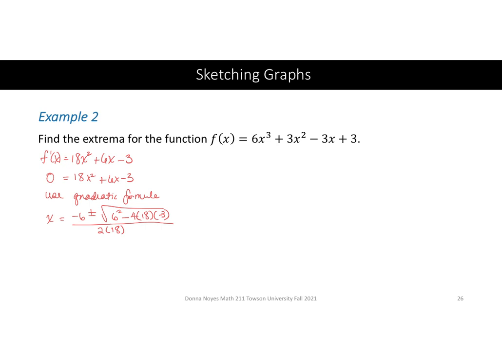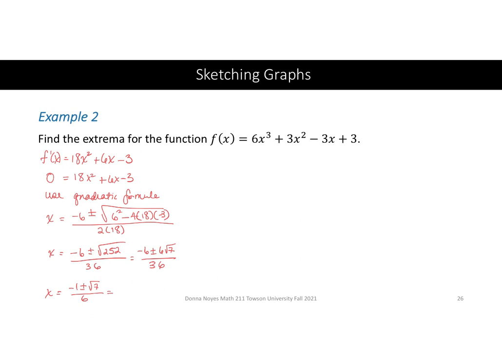So we're seeing how some of that review material from chapter 0 is coming back again. So we end up with x equals negative 6 plus or minus the square root of 252 all over 36, which is negative 6 plus or minus 6 root 7 over 36, or when we simplify it down by pulling out a 6 on the top, negative 1 plus or minus root 7 all over 6.